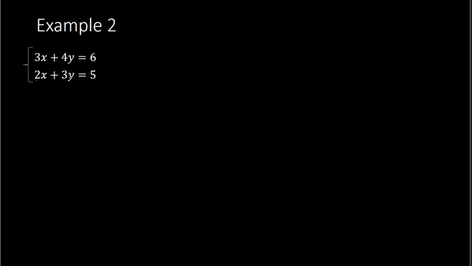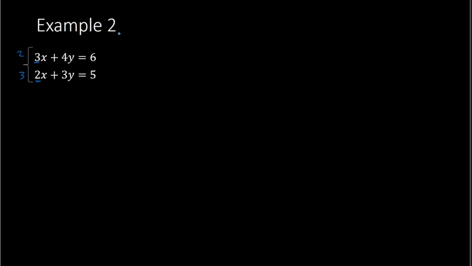So this is more difficult because what we need to do is actually multiply both equations by a number. If I choose the x's, I see we have the number 3 and the number 2. Maybe the easiest way would be to look at this 2 here, multiply the top equation by the 2, and the bottom equation by this 3.